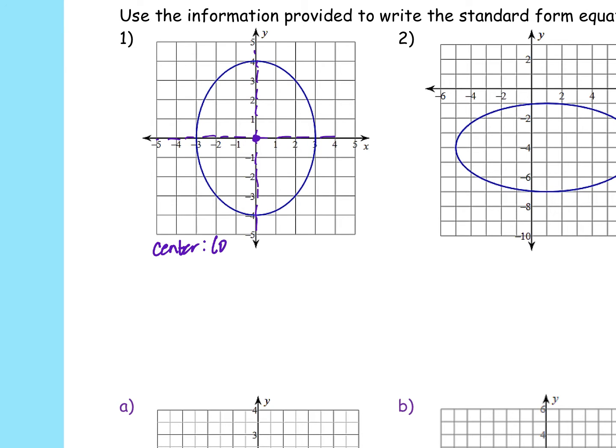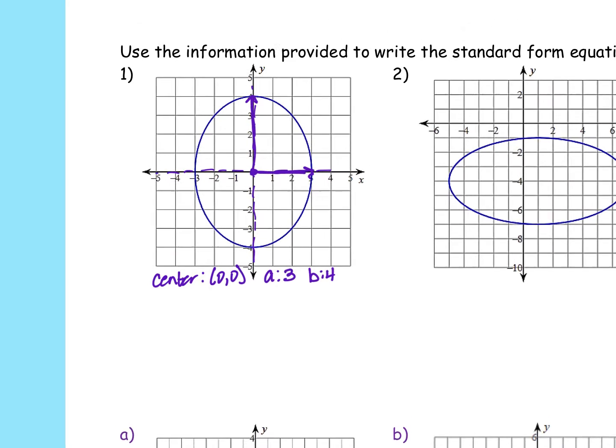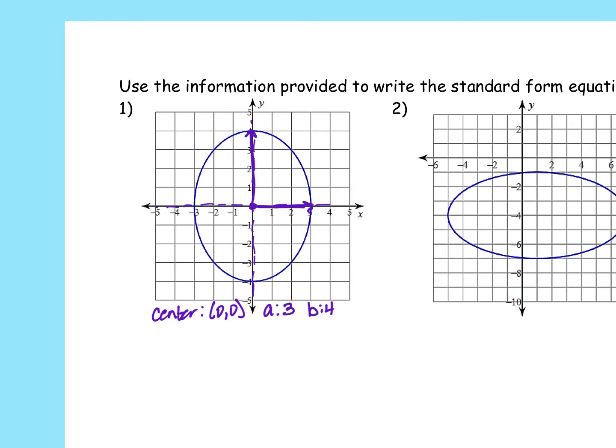So my center is (0, 0). And then A is my horizontal distance, so it's the distance this way. So that's 3. And B is my vertical distance, which happens to be 4. Okay, and then I'm going to write it into the equation. I'm going to write the equation up here for you again.